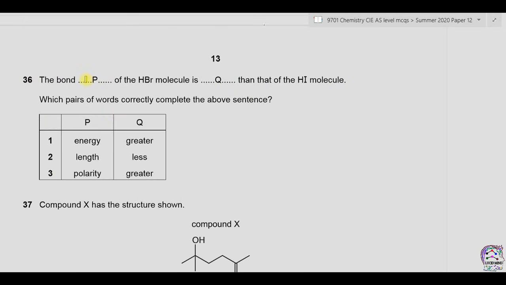Question 36. The bond of the HBr molecule is dashed than that of the HI molecule. Which pairs of words correctly complete the above sentences? Let's compare the bond of HBr with HI. We know that bromine is more electronegative, so therefore HBr bond is stronger as compared to HI.